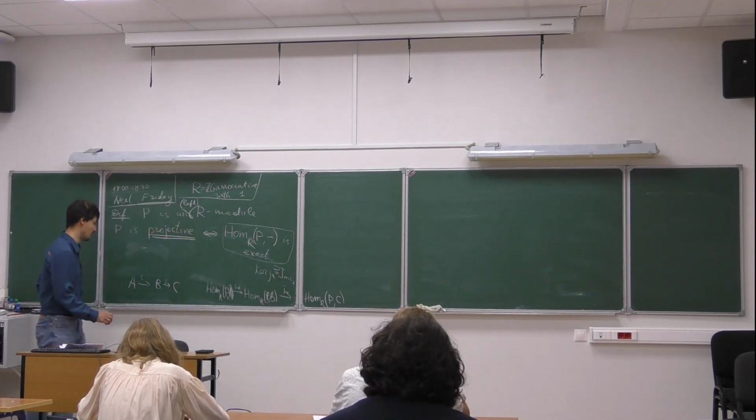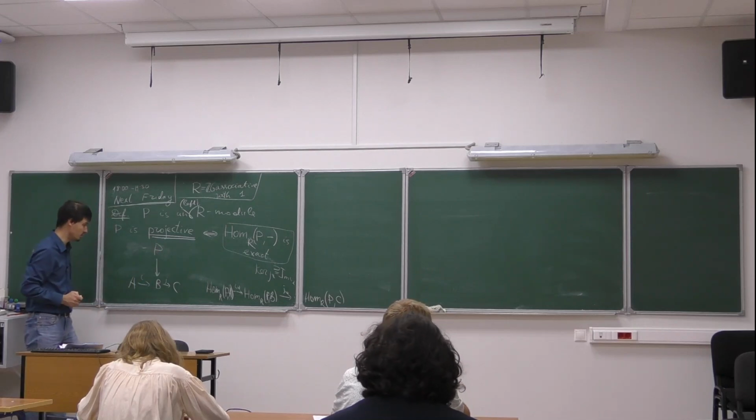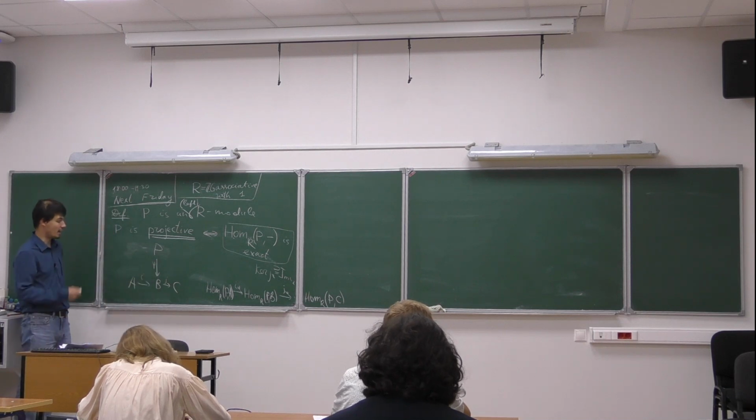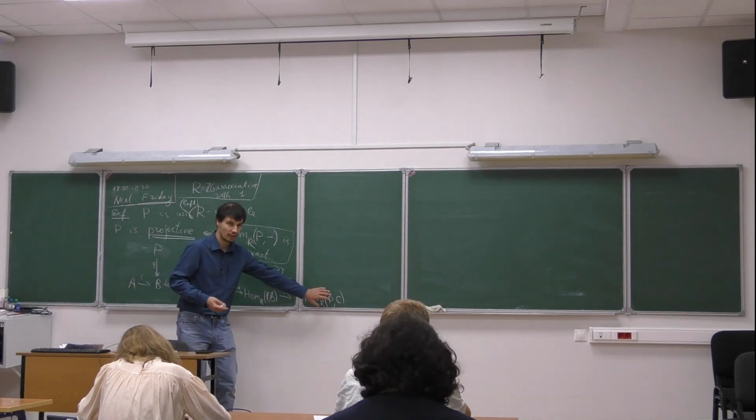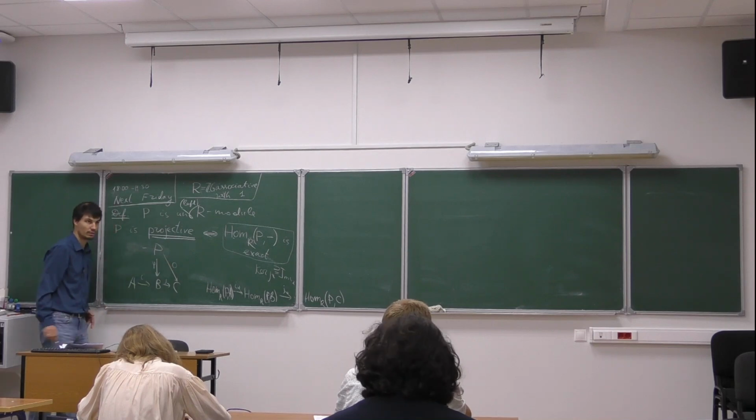What does it mean? If we have a homomorphism phi from P to B, then the requirement that this homomorphism is in the kernel of J star is exactly that the composite J after phi is 0.